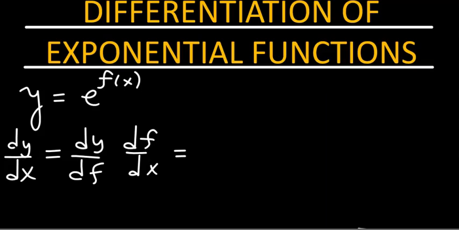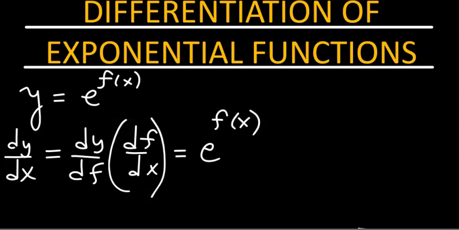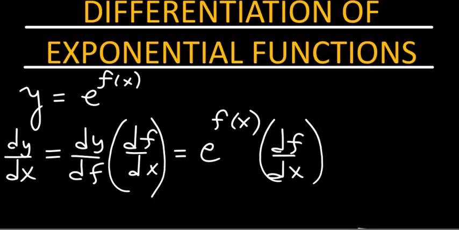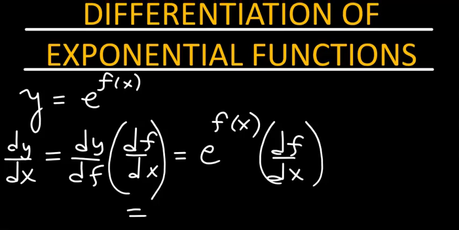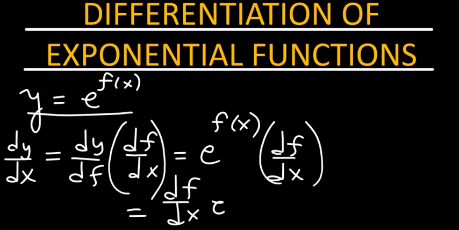It is the same as e to the power f(x). And what is df/dx? It is just the derivative of f with respect to x, because f is a function of x. So the final result for dy/dx, if y is expressed by that function, is the derivative of f with respect to x times the original function e to the power f(x).